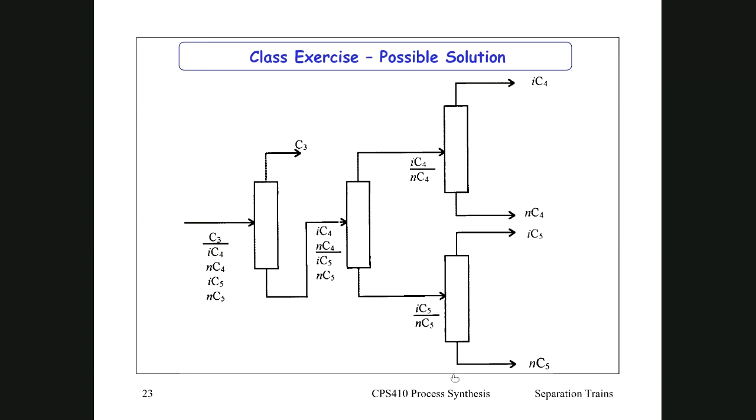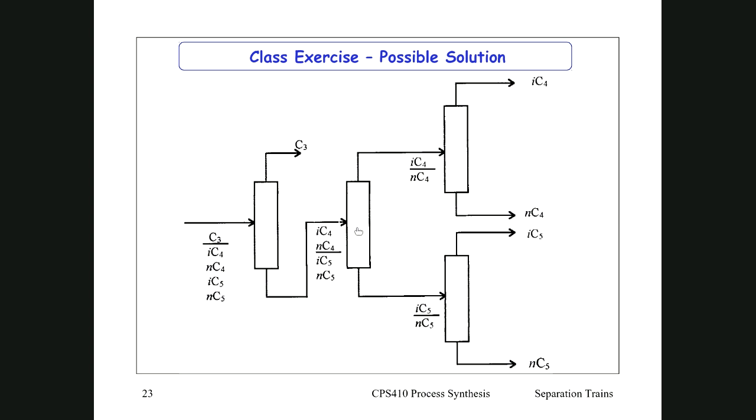Okay, so obviously they've taken as the second column the easiest separation out of these 4 components, and it would be an equal molar separation. So again, there are 2 heuristics that would apply for column number 2. So if you label this column number 2, you'd be able to list those 2 heuristics as valid heuristics for that column.